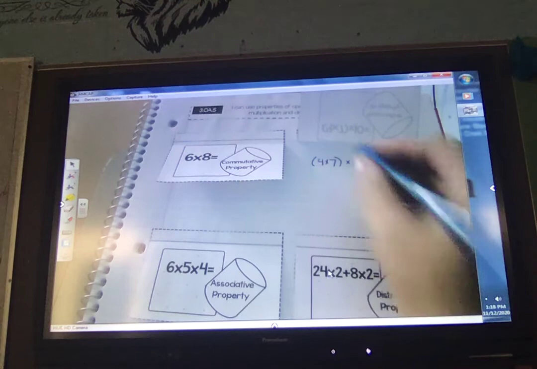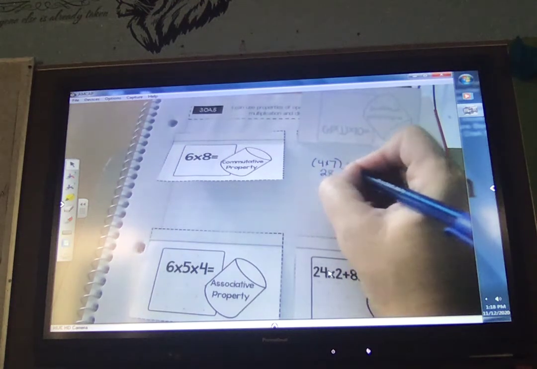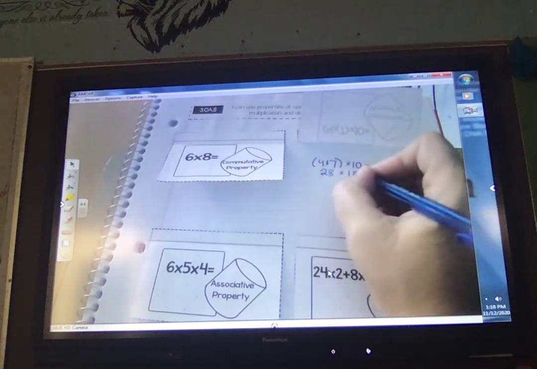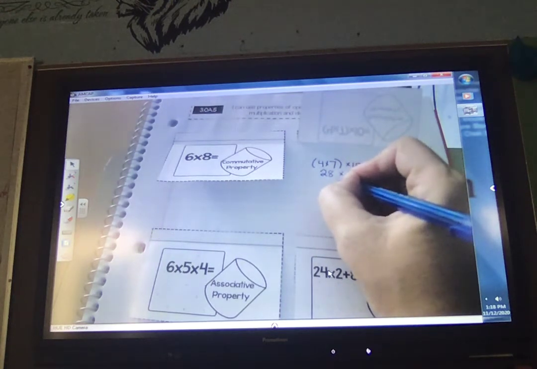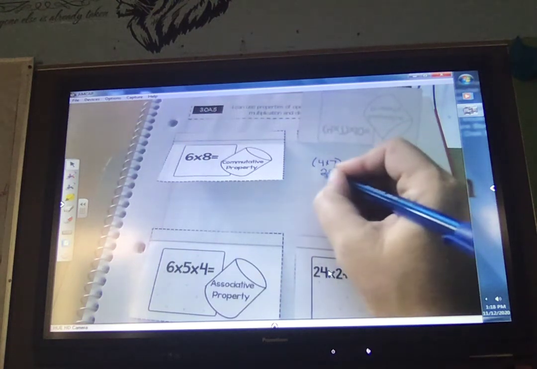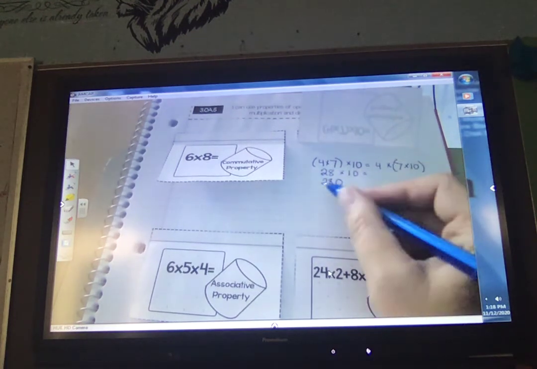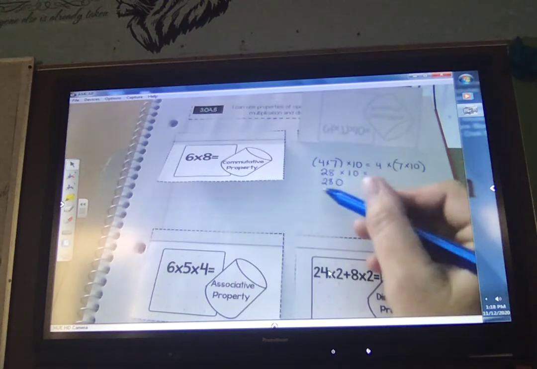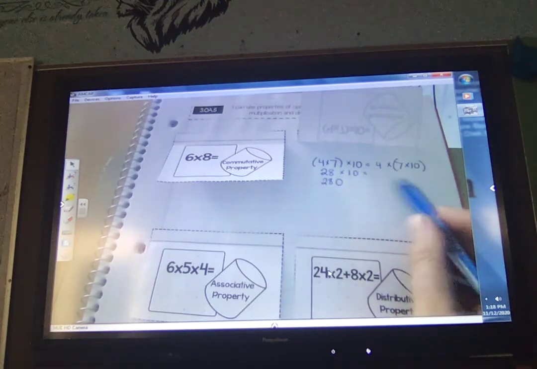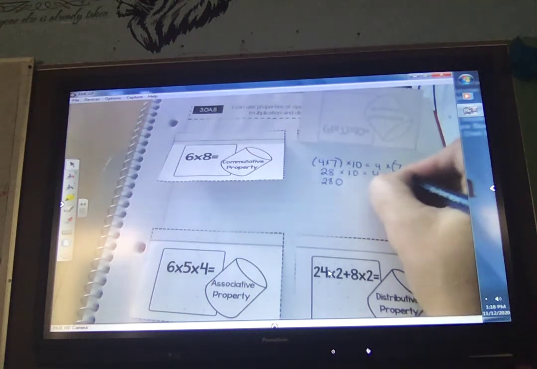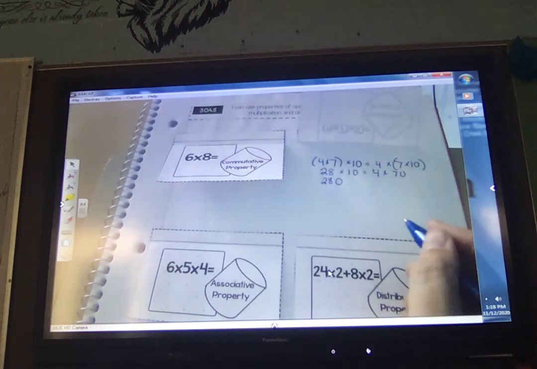4 times 7 is 28. 28 times 10 on this side. We have a drop down 0 rule. We can drop that 0 on down, and 28 times 1 is 28. Anything times 1 is the other number. So that's pretty big, 280. If we do the other side, we get 4 times 70 because 7 times 10 is 70.